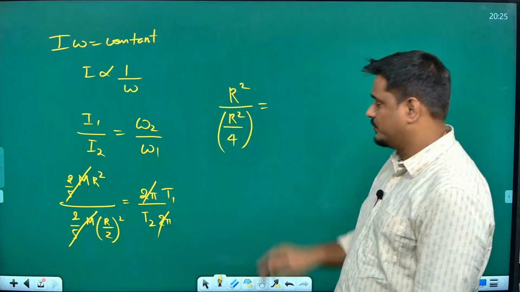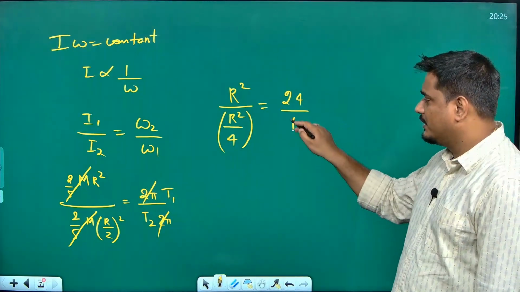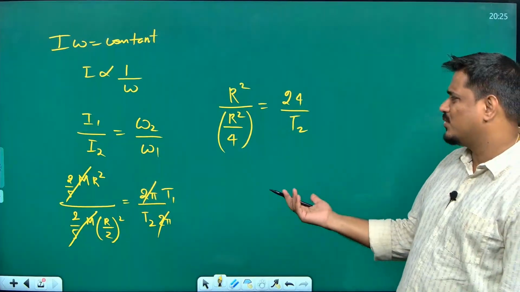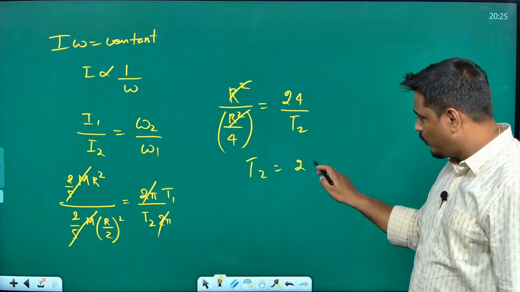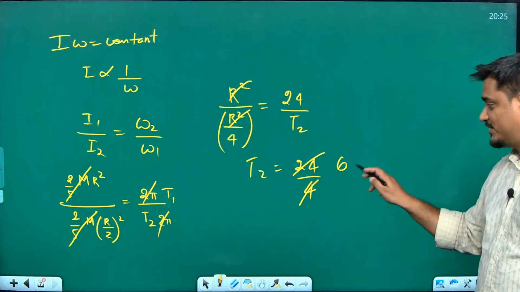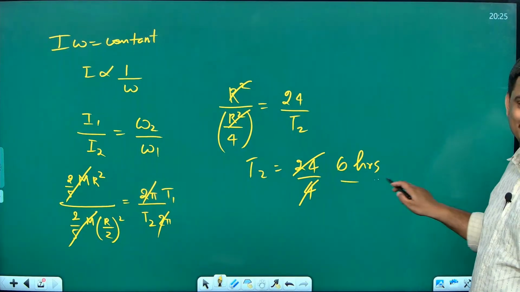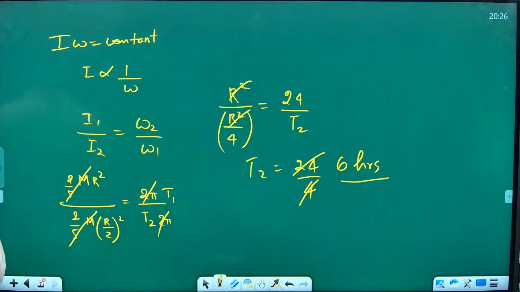Is equal to, what is the time period of the Earth? 24 hours. What do you want to find? T2. R square gets cancelled, T2 will become 24 by 4. How much is that? 24 by 4 is 6 hours. Got it? How 6 hours came?